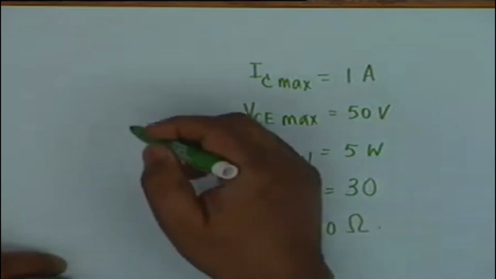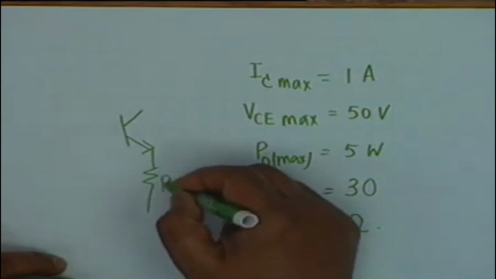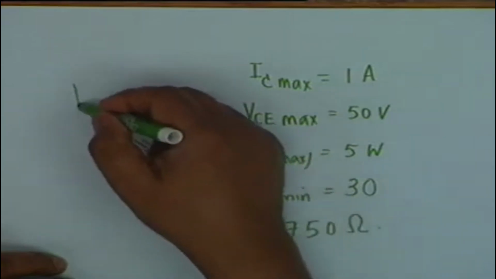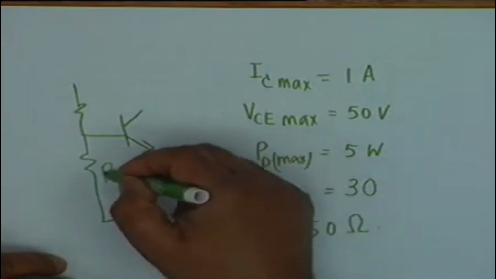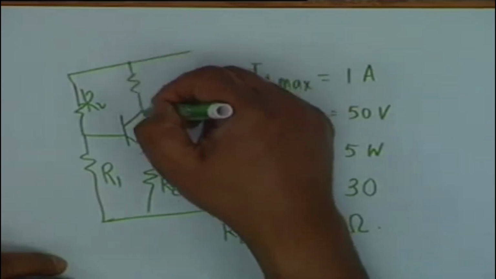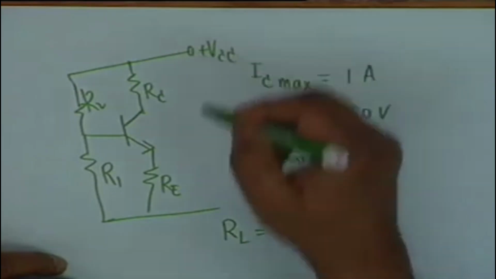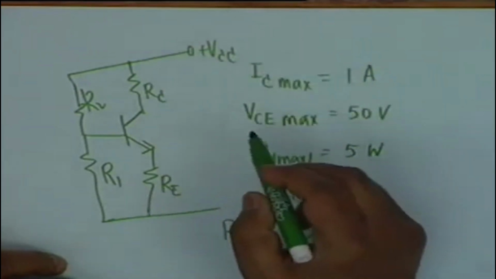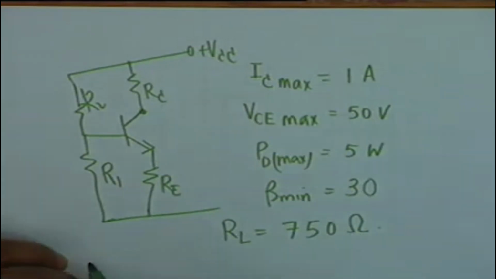maximum possible power. The circuit is the usual self-biased circuit, that is you have an RE, then R1, R2, R sub C, this is plus VCC, and the load is specified 750 ohms, and it is also specified that the load should not carry any DC.